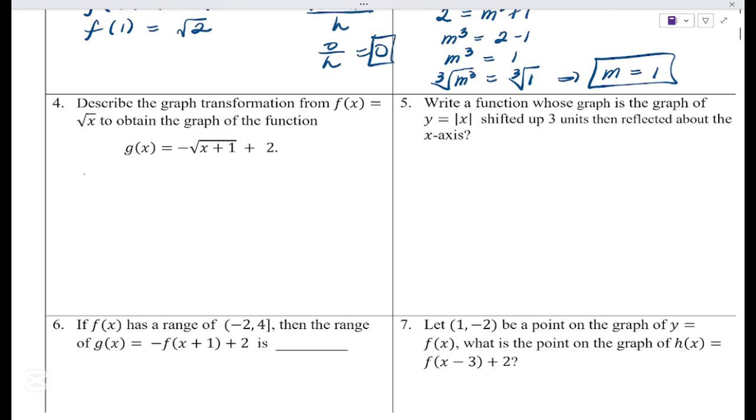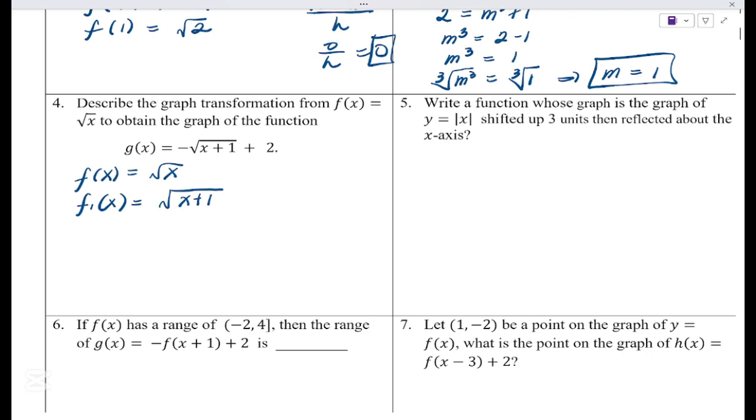So if we start from the parent function, f of x equal to square root of x, and we want to describe the graphing transformation in this function g, we can have f1 of x, which is equal to, let us start by replacing this x by x plus 1.